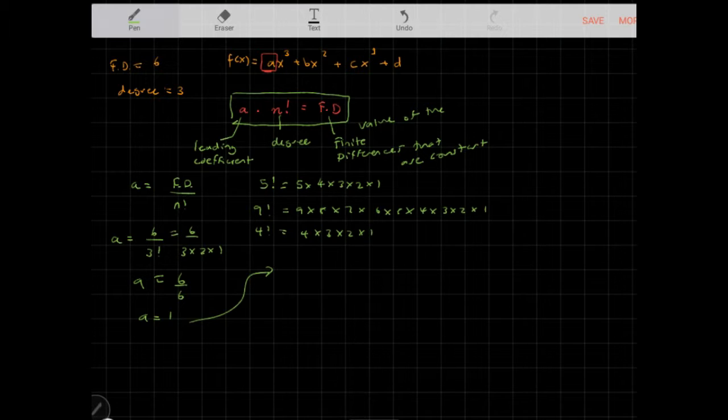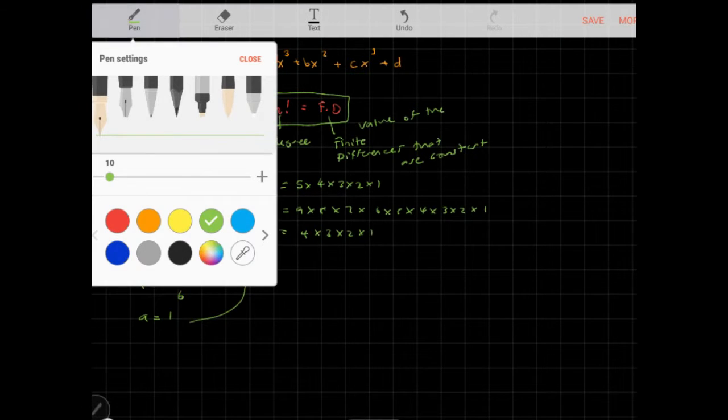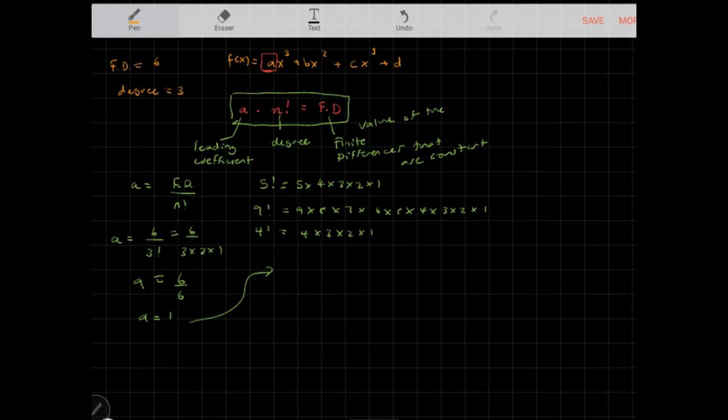This tells us that our leading coefficient is no other than 1. So just from knowing that, our leading term here is x cubed. To find the rest of your coefficients, like b and c and your constant d, you need to plug in points. But beyond that, we just figured out a way to find the leading coefficient.